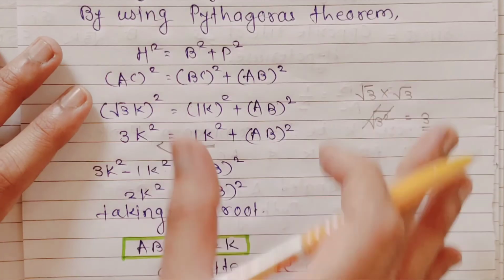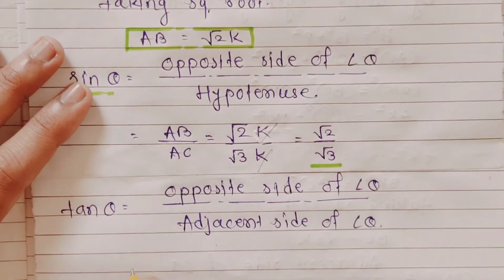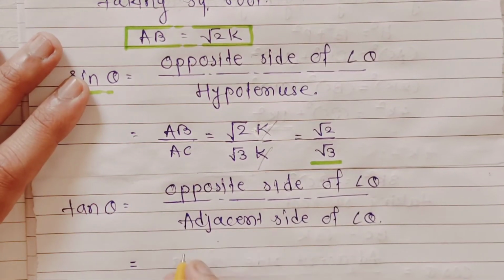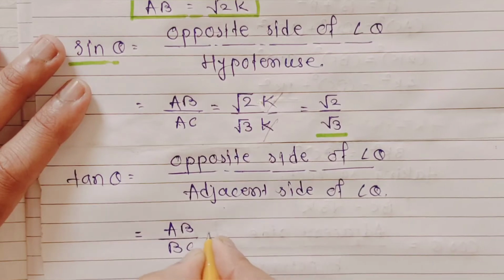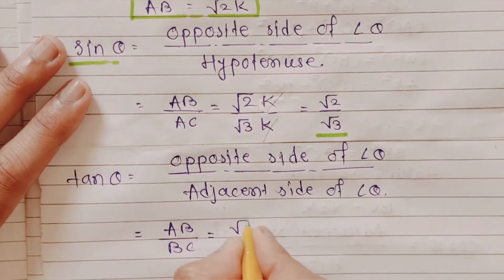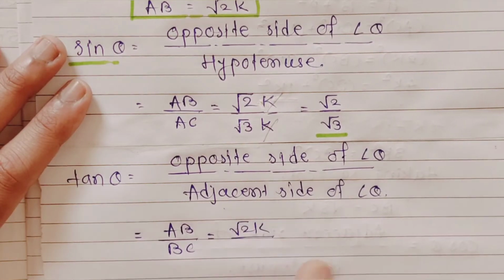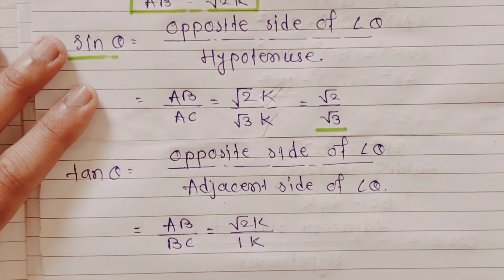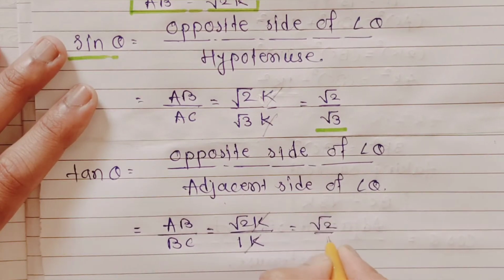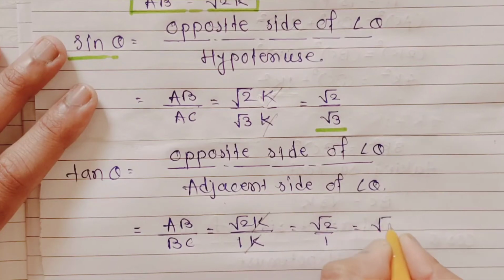So we can write tan theta is equal to opposite side, that means AB, upon adjacent side, that means BC. So length of AB is root 2 into k upon length of BC, it is 1k. Is it clear? So k cancels with k, remaining root 2 upon 1, that means we can write root 2 only.